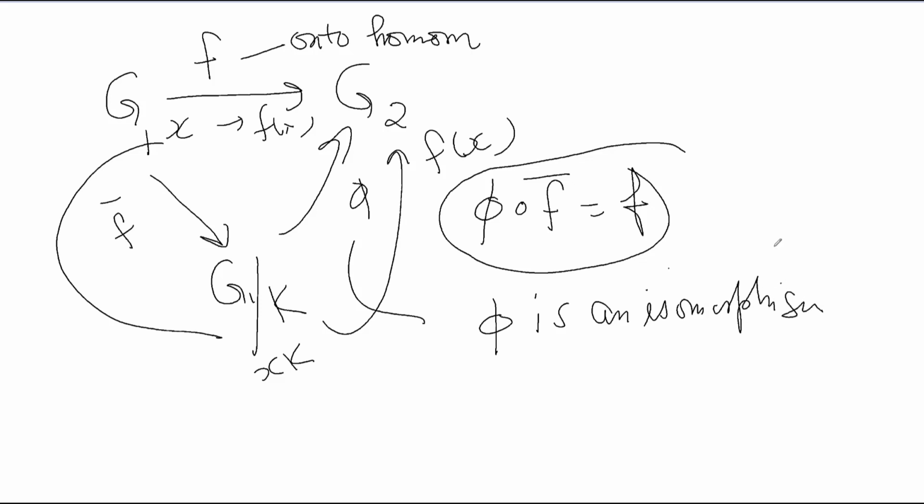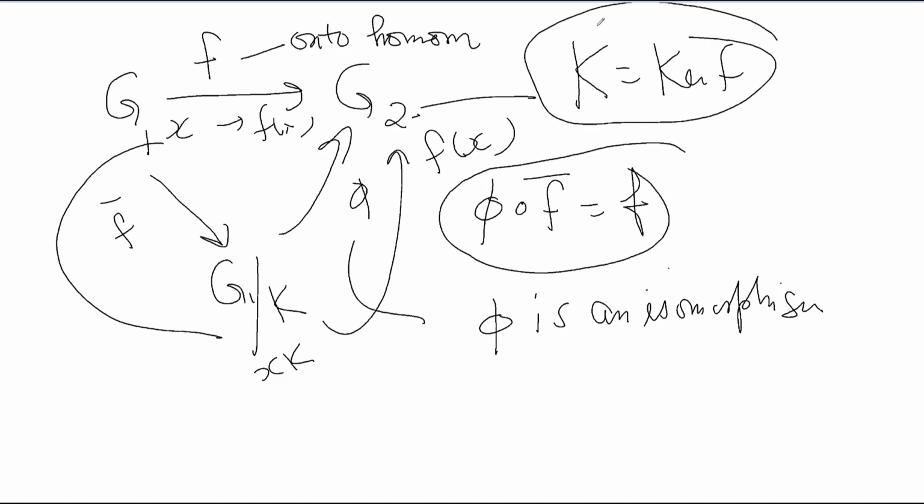So all we saw was this: if I have an onto homomorphism, I can obtain the kernel of that, which will be a normal subgroup. That will give me a factor group. Once I get that factor group, it is isomorphic to G2, the image of G1 here.